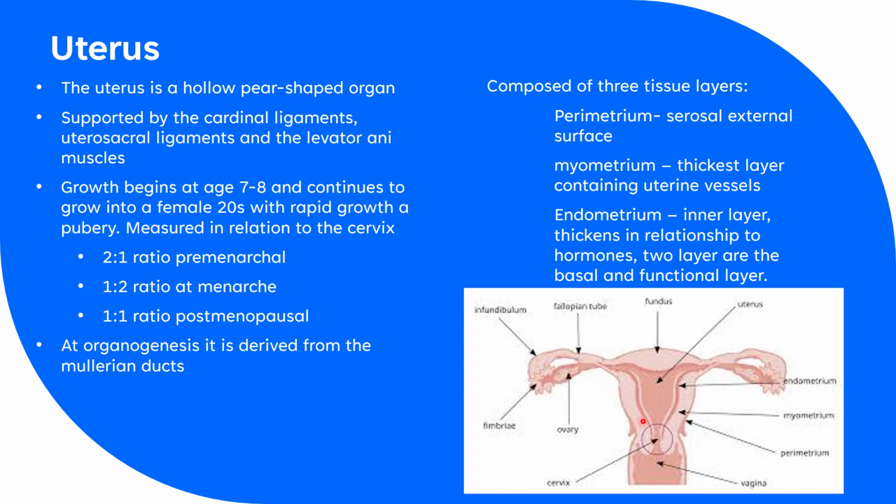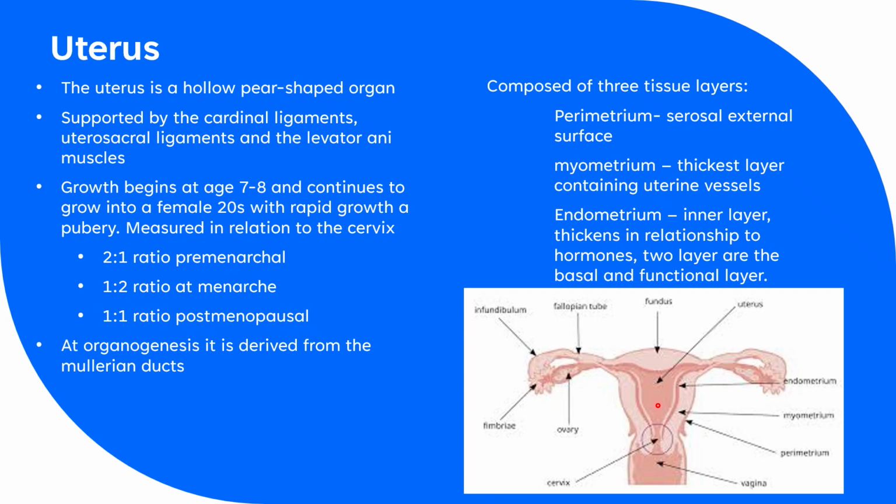But once we get into menarche, once we have that first ovulation, that first period, our uterus is going to grow. And it is going to continue growing into our 20s, okay? It's going to just keep getting bigger. So notice that when you're scanning, and it kind of sticks to this rule of 1-to-2 ratio, meaning that our cervix is half the size of our uterus.